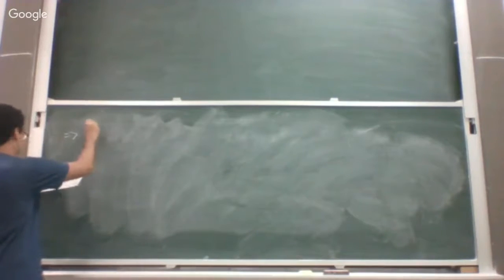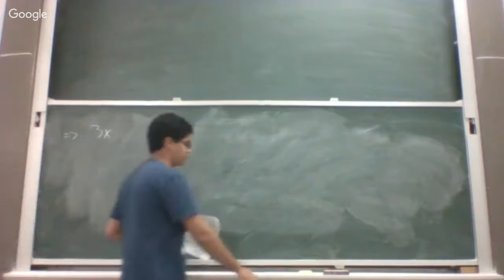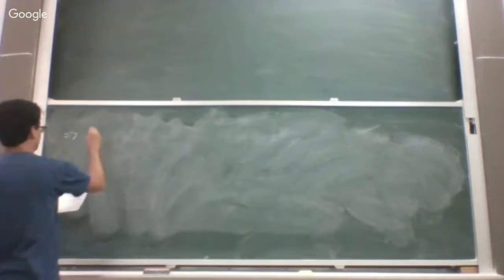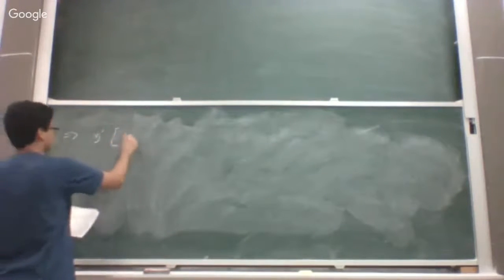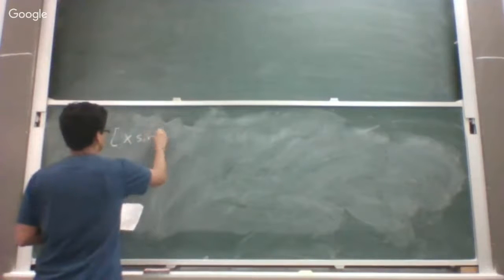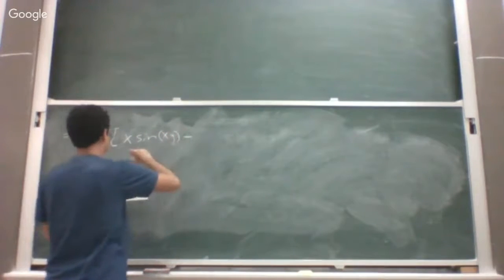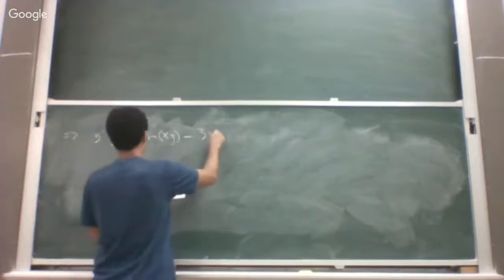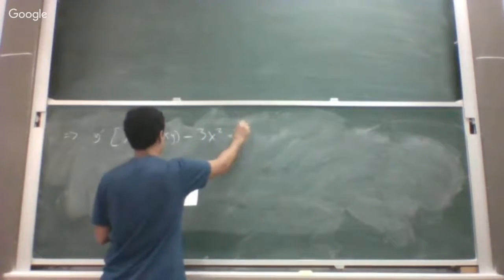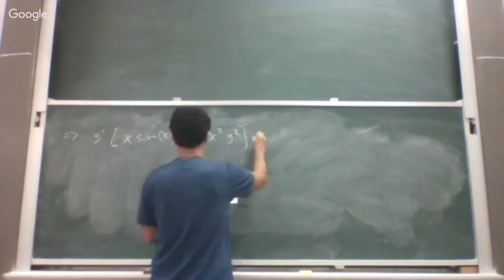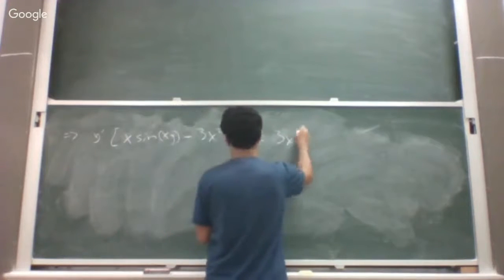So on the left side, let's do the y prime on that side: y prime times x sine of xy minus... no, it's not negative, 3xy squared, equal to 3x squared.